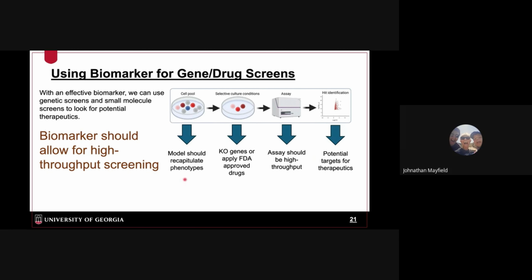With a biomarker in a model that recapitulates the OGT-XLID phenotype that we see in patients, we can use things like genetic screens or an FDA-approved drug screen to identify targets for potential therapeutics, because by having our biomarker, we have a readout we can look at to see if it improves when we run these different genetic screens or drug screens.